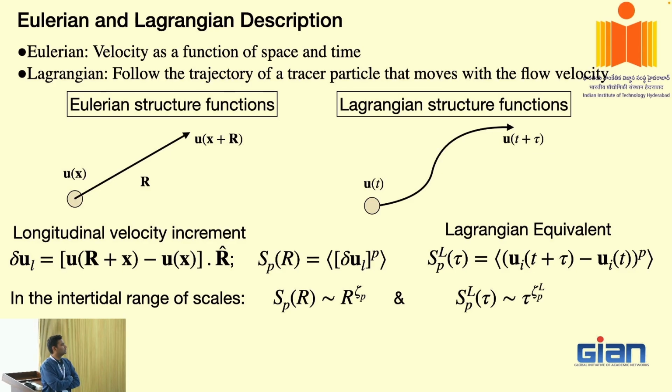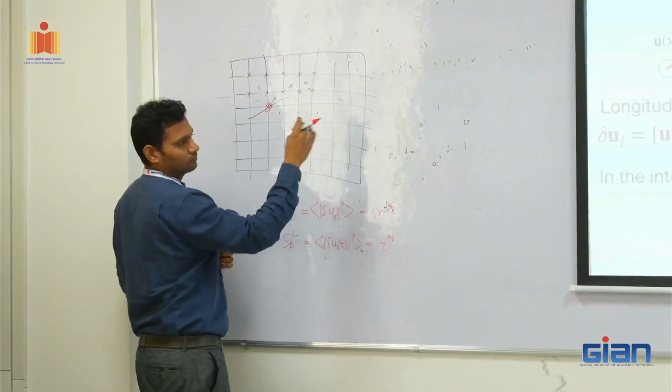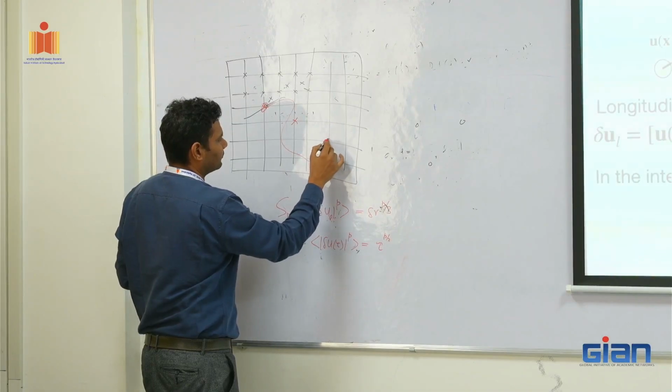When you are looking at ui at t plus tau and ui at time t, there is hidden information. Suppose you are somewhere here at time t, and after time tau you are somewhere here.